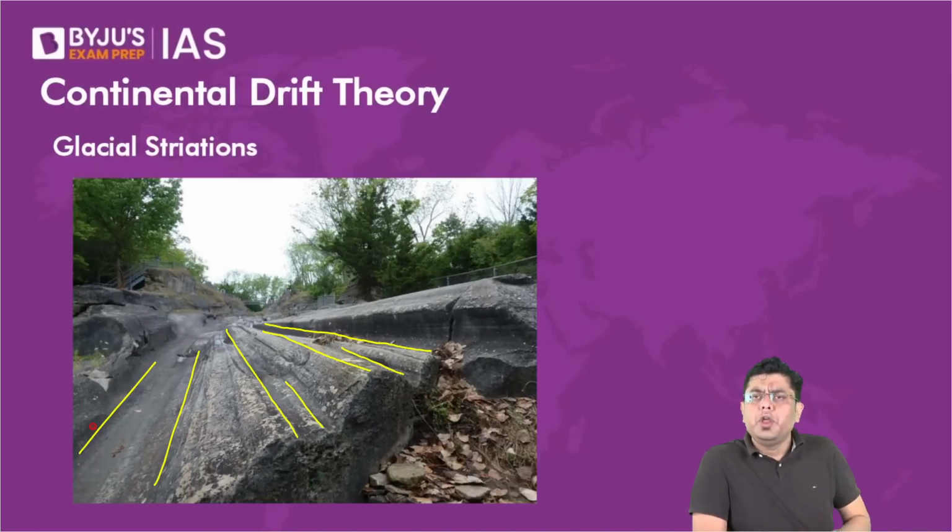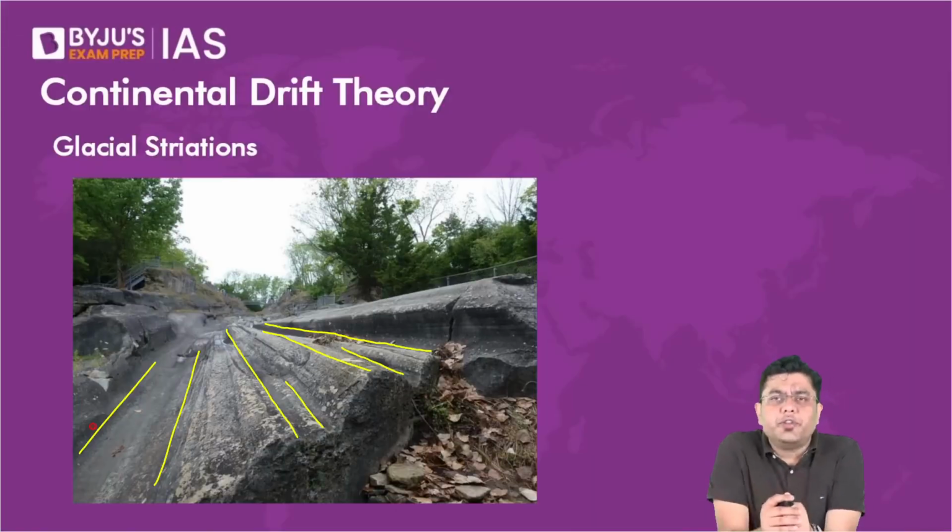So this indicates the presence of glacier in that region at some point of time in history. Now, where did he find the evidences of glaciers? He basically found the evidences of glaciers in those parts of the world where right now no icy regions or no glaciers exist at all. For example, geologists have found the evidences of glaciers significantly in the peninsular part of India.